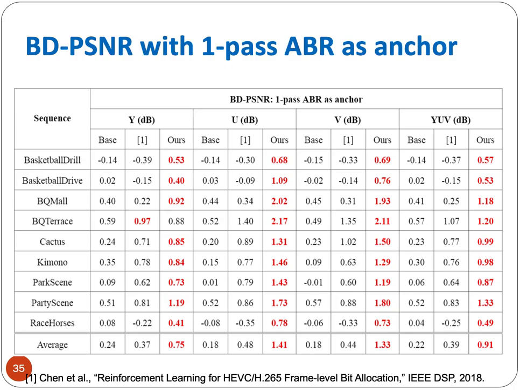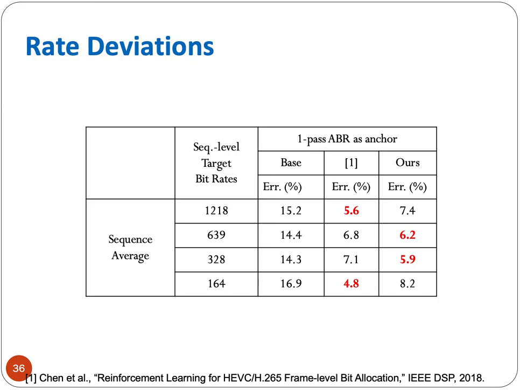The BDPSNR table double confirmed the RD performance. Our method has a 0.91 dB gain compared with the one-pass H.265, while the single-critic only has 0.39 dB of gain. For rate deviation, our Dual-Critic approach shows comparable numbers compared with the single-critic method.